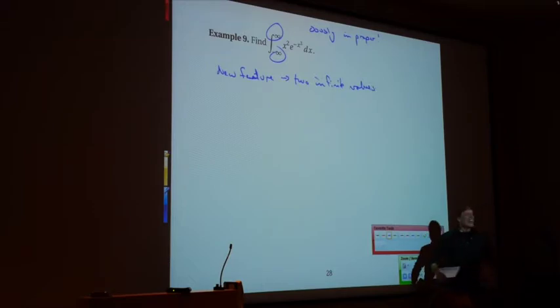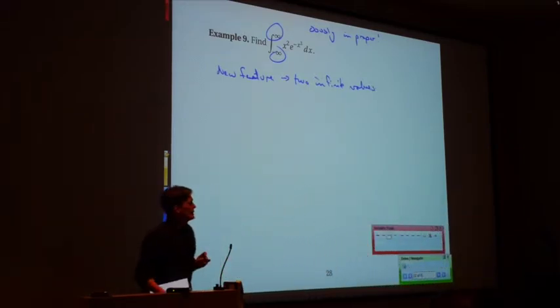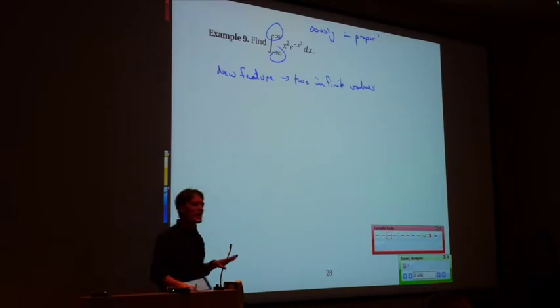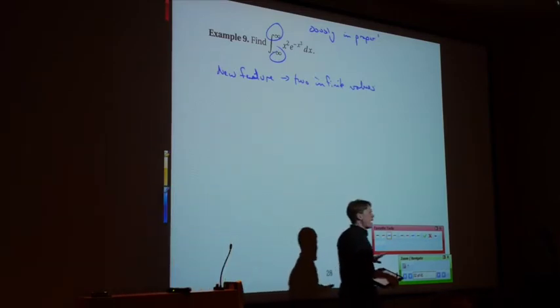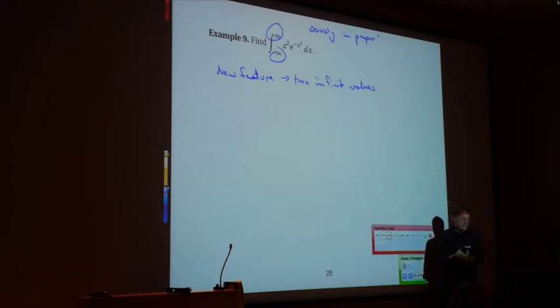And because it has two infinite values, that makes it extra slippery, so we actually have to have a way to deal with this that's systematic. It's really easy for infinities to look like they're canceling themselves out, and it's really easy to fool ourselves about what's going on. So we're going to have a rule for this kind of scenario where there's two infinities, and that is to break it into two separate integrals, each with only one infinity per integral.